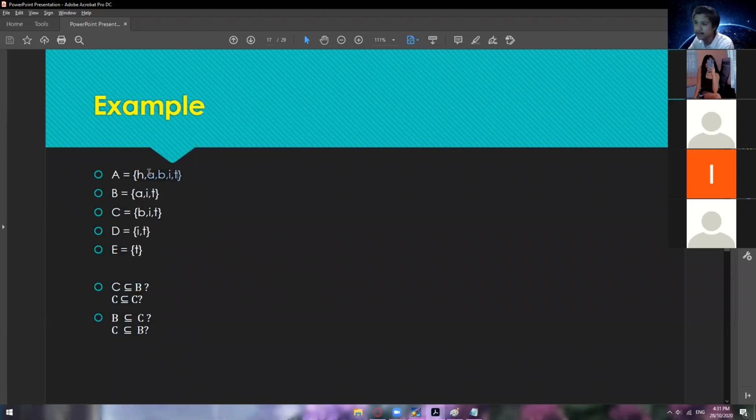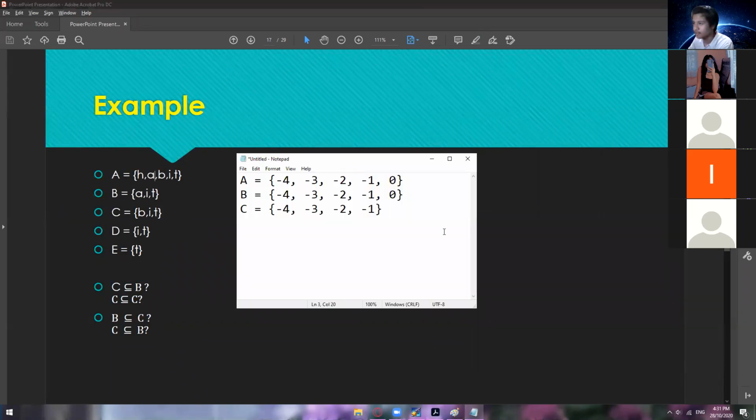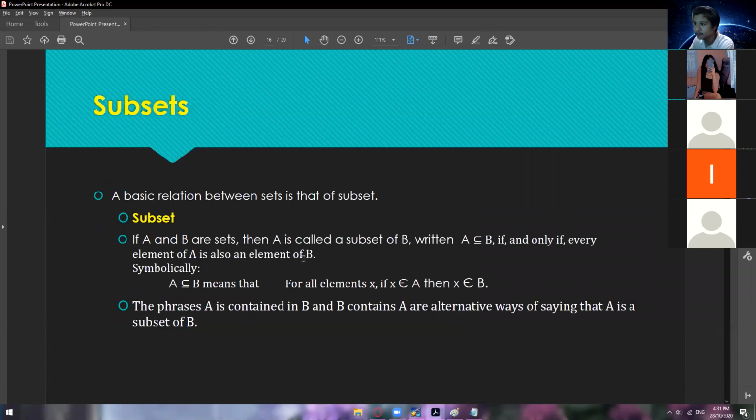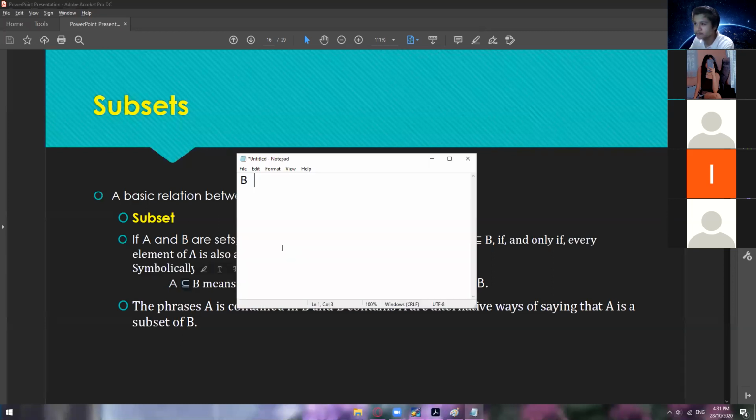For set A, we have the complete word HABIT. For set B, we have AIT, set C is BIT, set D is IT, and lastly, set E is T. Here, we could say that B is, wait, let me just copy this because I cannot type the symbol of subset.